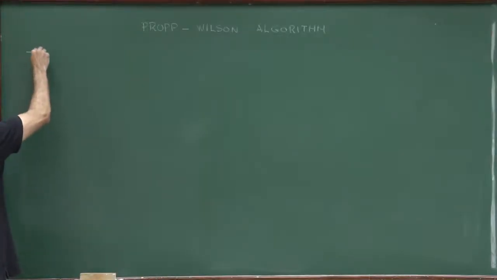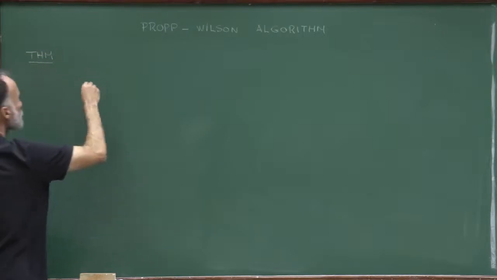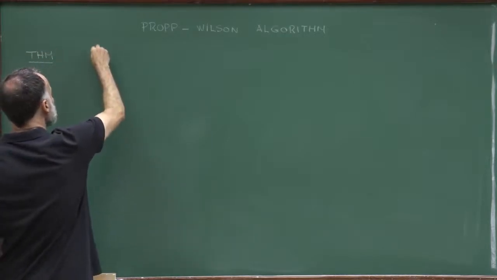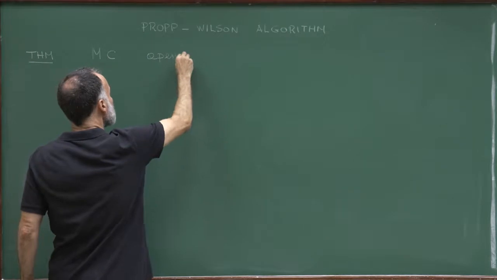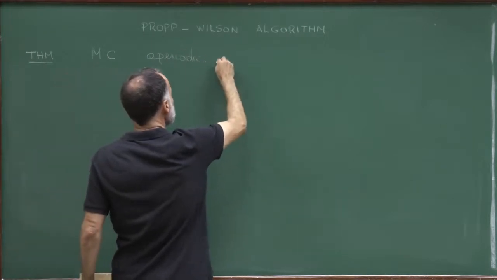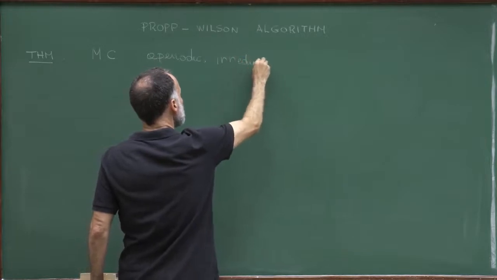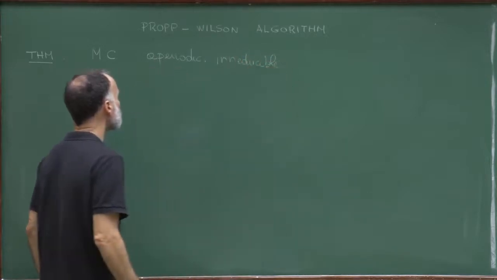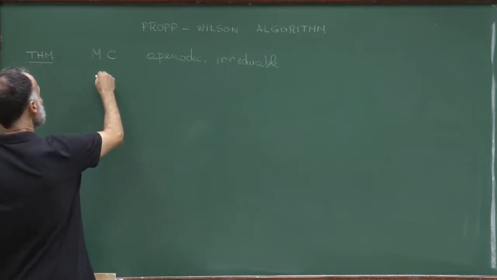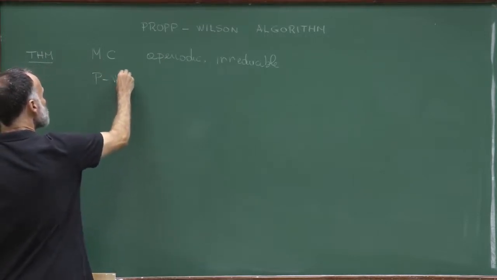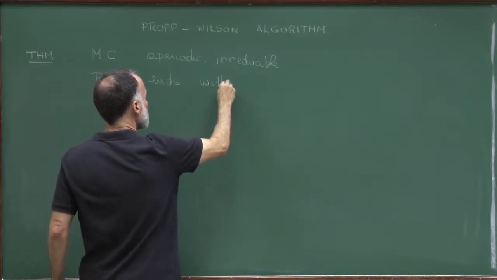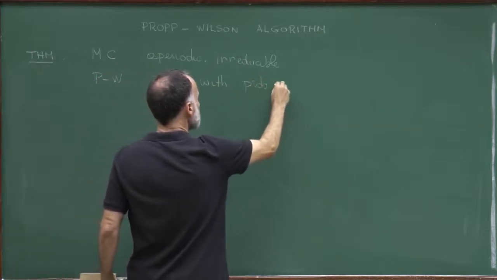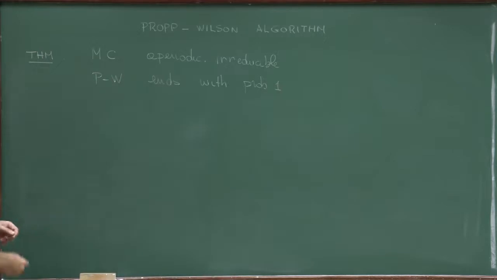So here is a theorem. Let's say that we have a Markov chain which is aperiodic and irreducible. Now let's assume that the Propp-Wilson algorithm ends with probability 1. So let's assume that if we run this algorithm, we can show that it will end.